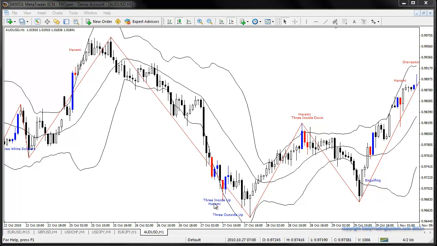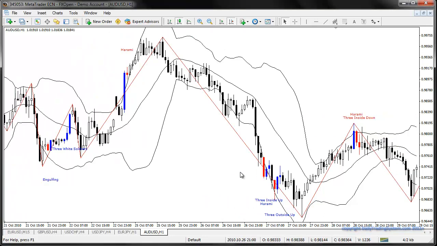But then this Harami turns into a 3 outside up bar, but this black bar didn't confirm, it didn't actually close higher than this one, which is what we want. So we can actually take on another position if we wanted to, and secure this position in to break even, or maybe even book in about 5-10 pips or whatever. Then take in another position and take it as low as we can go.